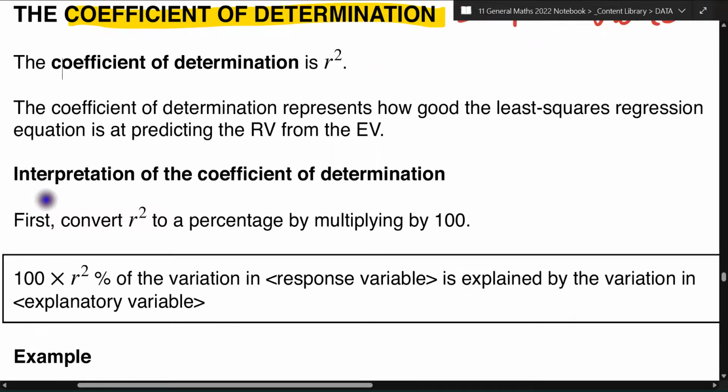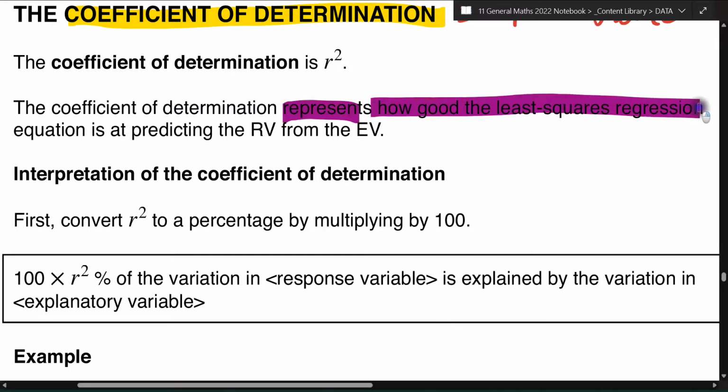The reason we have this coefficient of determination is because it's a representation of how good the least squares regression equation is in predicting the RV from the EV. That's a lot of mumbo jumbo, but all it's saying is the value of R squared determines how good the line is at actually representing that data.